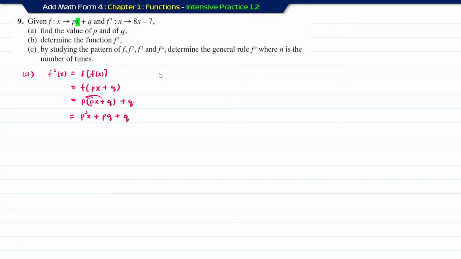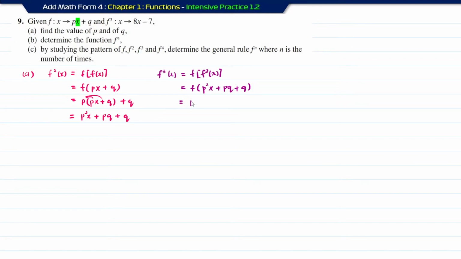Then for f cube, you can find it by inserting the f square into the function f. f square, we already found here, which is p square x plus pq plus q. So this is the one that we're going to insert into the x in our function f.